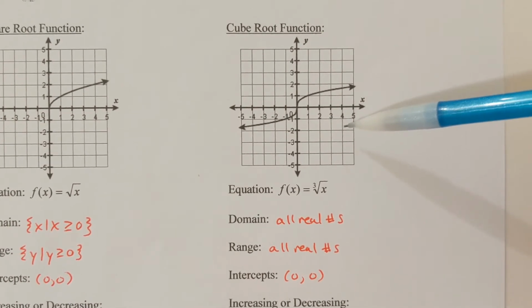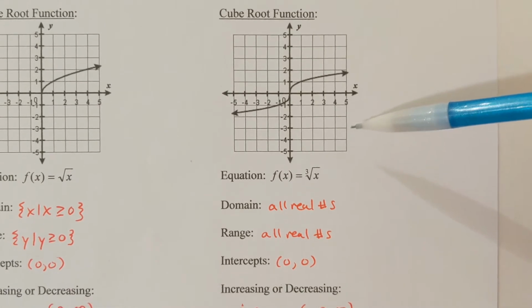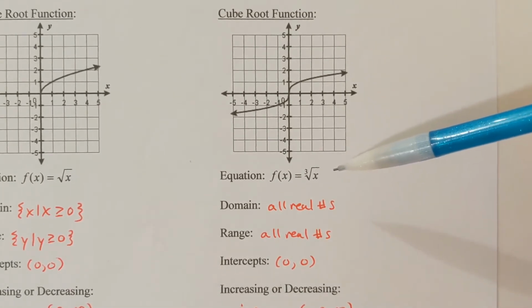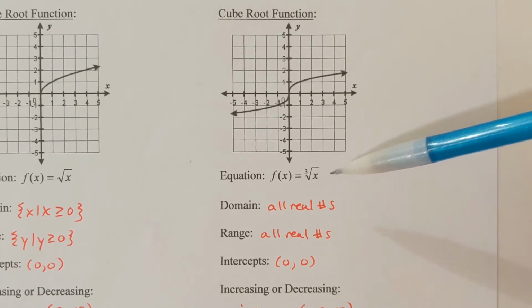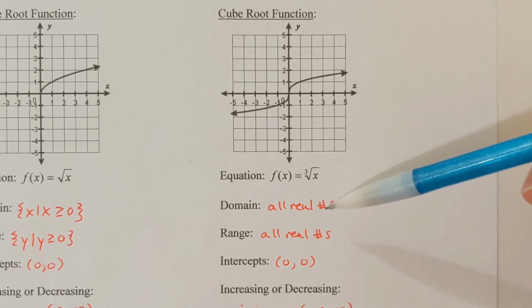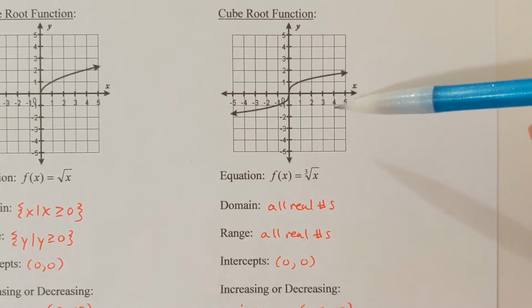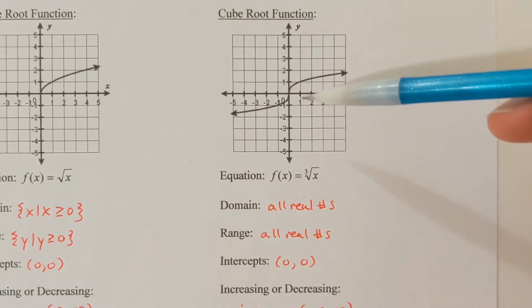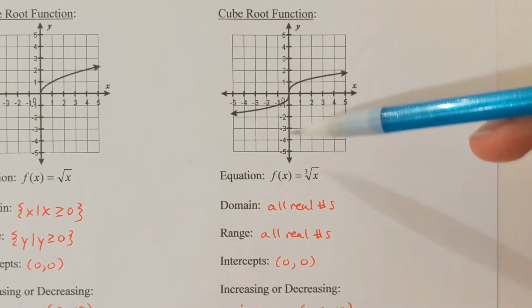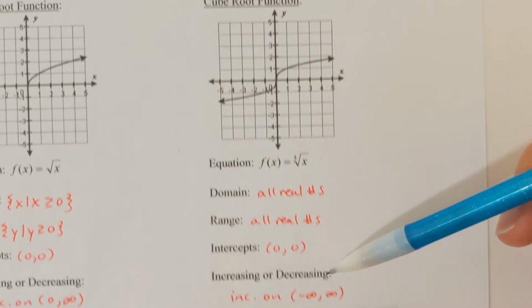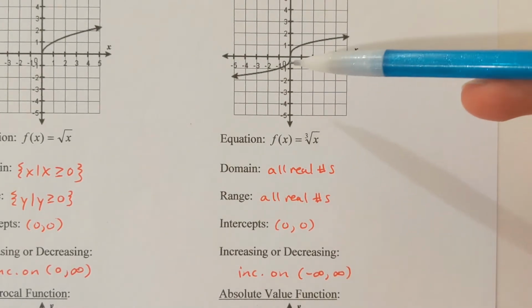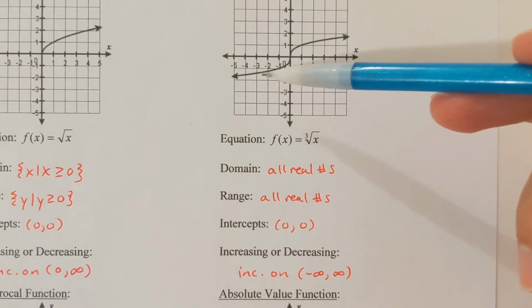Okay, now the next one is the cube root function. F of x equals the cube root of x, or y equals the cube root of x. Same thing. The domain is all real numbers, and the range is all real numbers. The intercept is at 0, 0. Increasing or decreasing? You're increasing everywhere on the interval negative infinity to infinity.